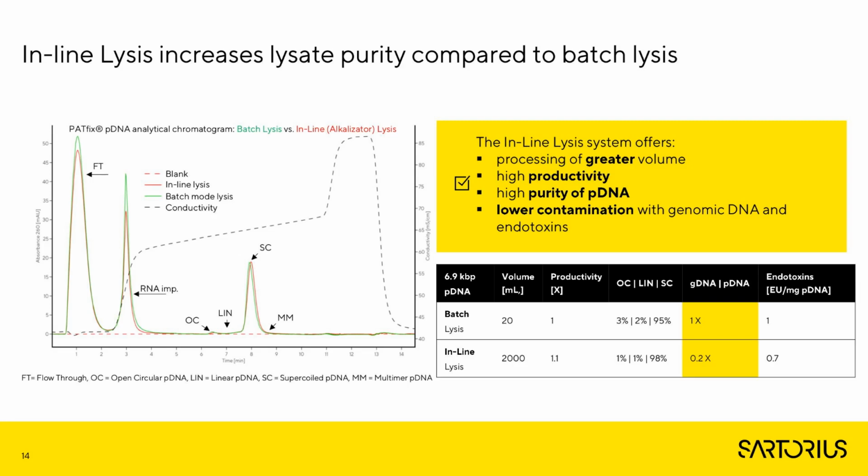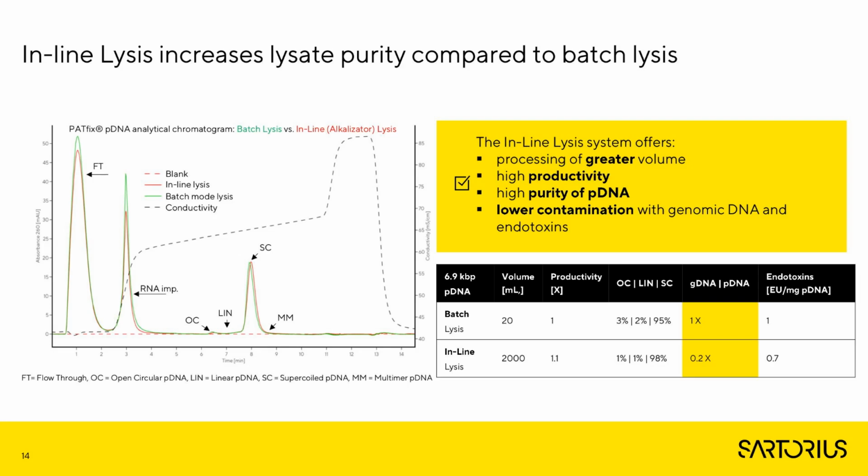But it's even much more important than that. Inline lysis not only preserves or enhances the recovery of the plasmid compared to batch lysis, it also significantly reduces the release of some of the, let's call them, nasty host cell impurities. We've shown time and again that endotoxin burden in the lysate performed with inline lysis is significantly lower, as is the contamination with genomic DNA.